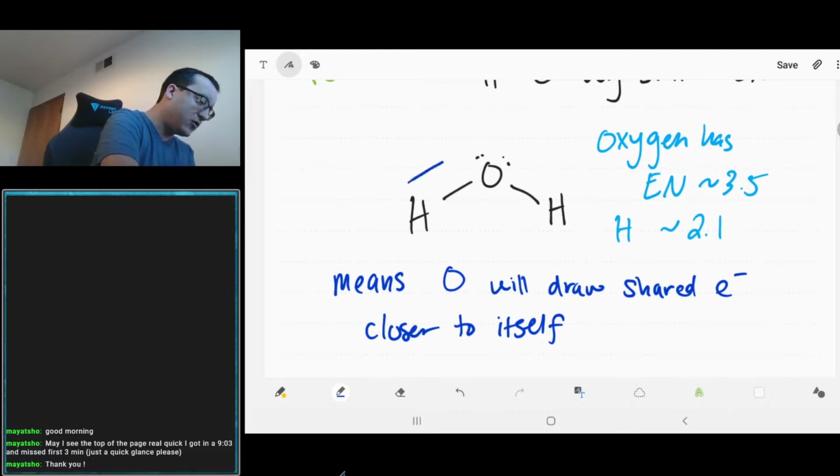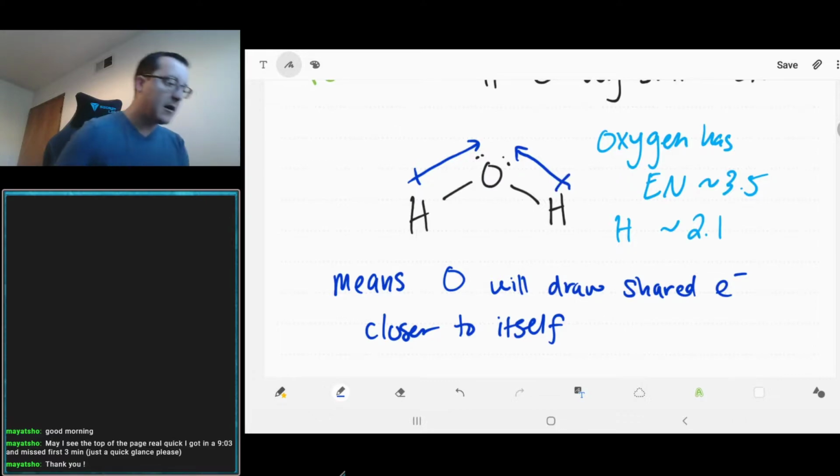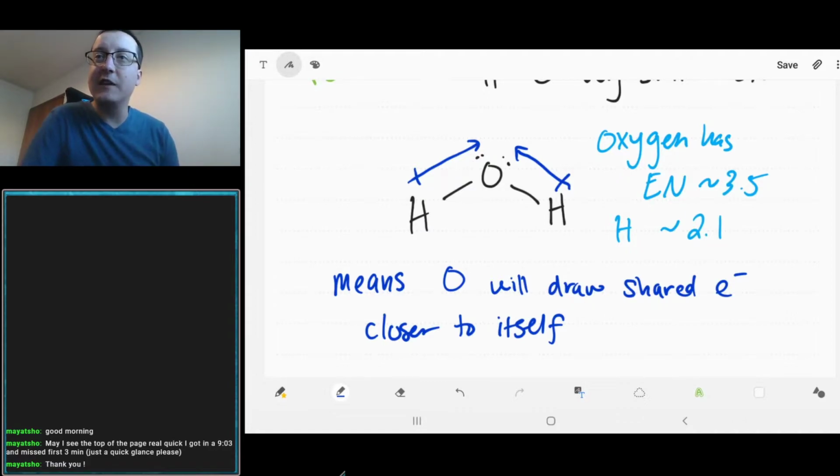So we can imagine that in both of these covalent bonds, the oxygen is kind of drawing in the electrons from hydrogen. So they're not being shared equally. It's not a 50-50 split. These are actually going to hang out with oxygen a little bit more.